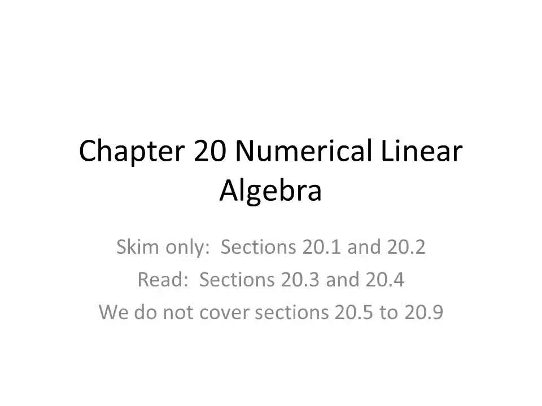And in 20.4, we're going to be looking at some norms of vectors and matrices and condition numbers of matrices that are useful when describing properties of a vector or a matrix. And we're not going to cover any of 20.5 to 20.9.